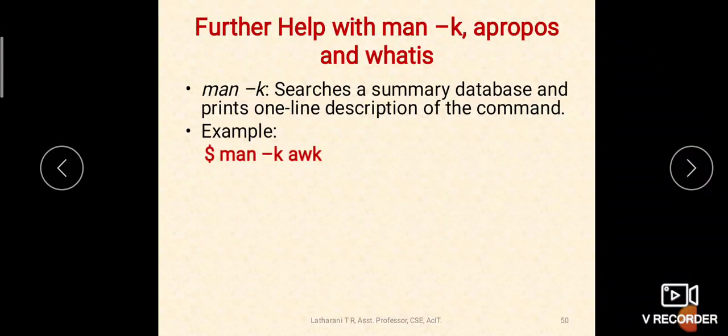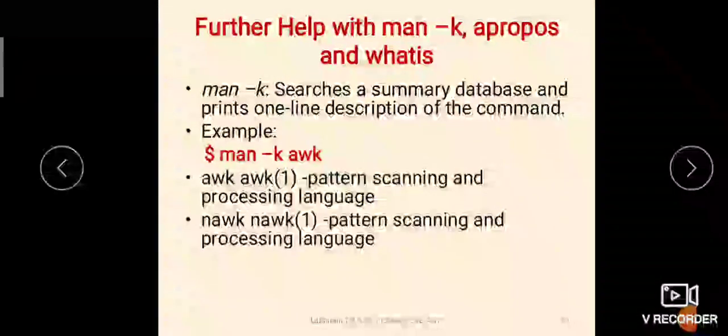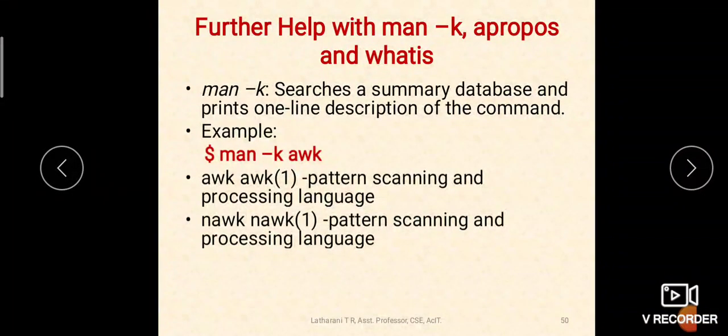For example, man -k awk. When you execute it, it will say awk is present in section 1, pattern scanning and processing language. A one-line description of that command will be given, and other commands related to awk will also be displayed.